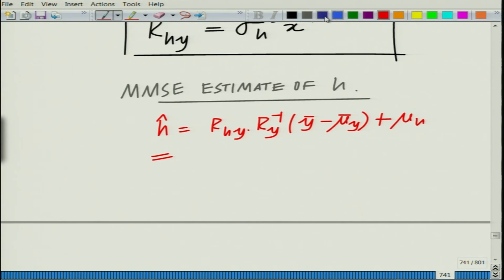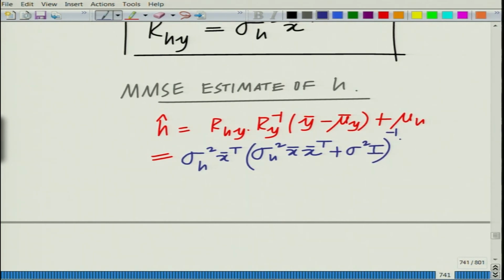Now substitute for these quantities: you have sigma_h square x bar transpose times the inverse of (sigma_h square x bar x bar transpose plus sigma square I), times (y bar minus mu bar y) plus mu_h.